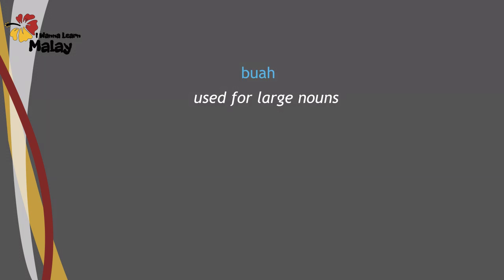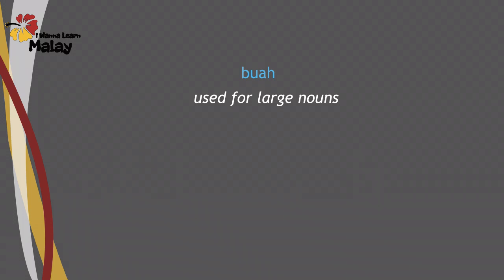The first penjodoh bilangan in Malay is buah. Buah. So penjodoh bilangan will accompany a number, 2 buah or 10 buah. Or if it's just one, it's sebuah.